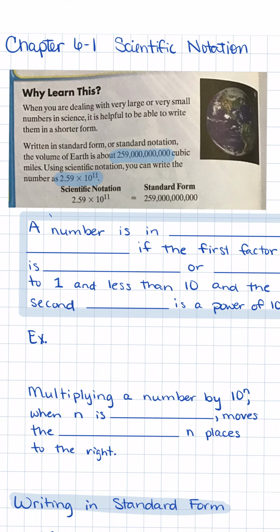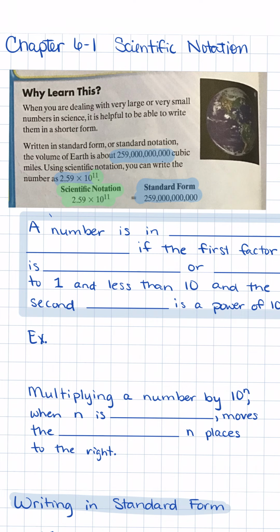Whenever you have a number up here, like the 11, that's called an exponent, okay? So this is called scientific notation, and this is called standard form. How did they get those numbers? How did they know that it was 11 places?